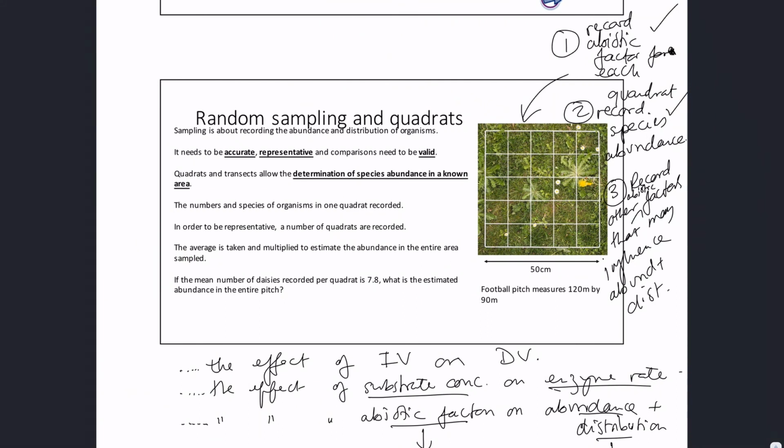So anything else that you think could affect the abundance and distribution, if it's within your means, you must record those other factors, because you don't know whether it's one of these factors or the factor that you think is influencing the abundance and distribution that actually is affecting it.